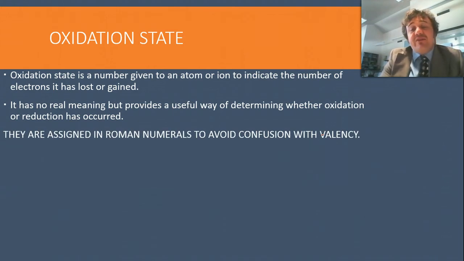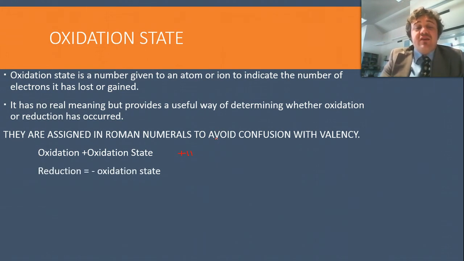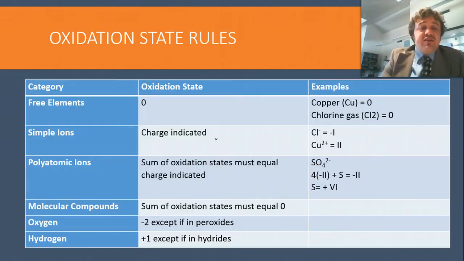Even though they're usually the same as valency, we want to avoid confusion with valency, so we give them Roman numerals. So oxidation occurs if it has a positive oxidation state, like plus 2 or 1 or whatever. Reduction occurs if it has a negative oxidation state. Okay, so if it's gained electrons, it's got a negative oxidation state. If it loses electrons, it's got a positive oxidation state.